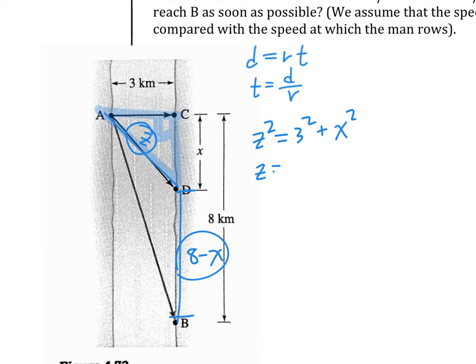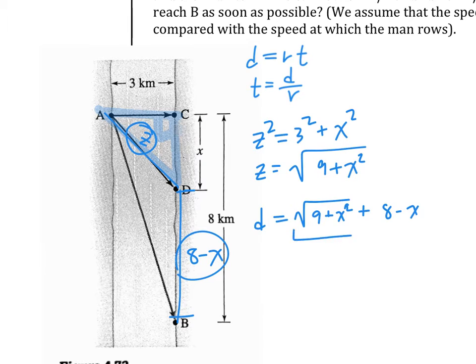So the total distance, no matter how he runs, the generalized way of thinking about it, is the hypotenuse, square root of 9 plus x squared, plus the leftover part, 8 minus x. That's the distance. Now, this is not the correct distance in terms of time, right? This part he's going to row. This part he's going to run.